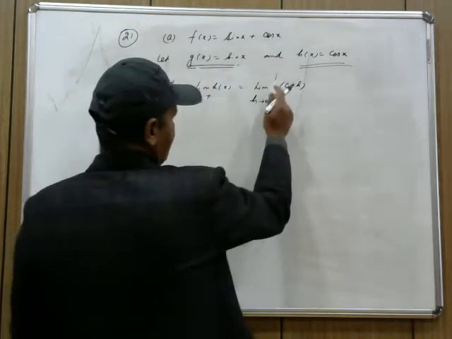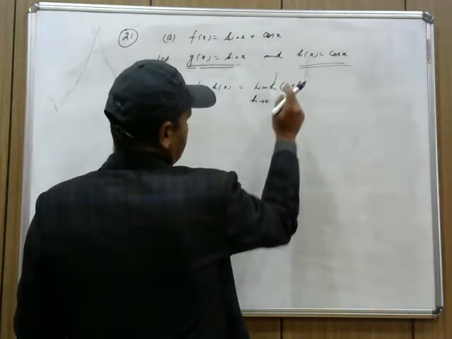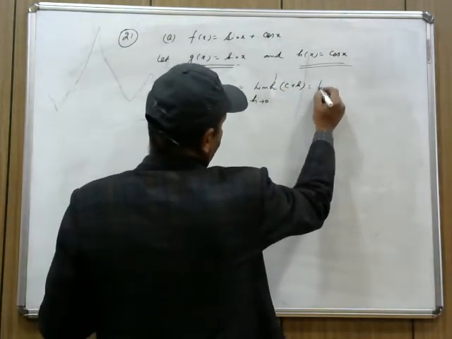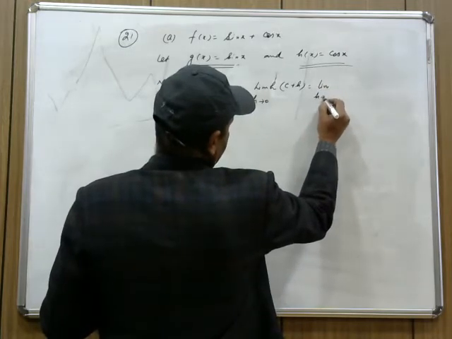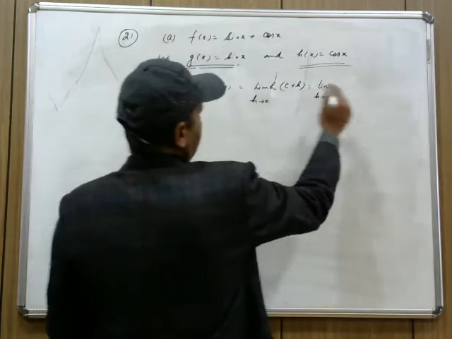Right? This h is the function, don't get confused by this h. This is equal to what? Limit h tends to 0 of h(c plus h) equal to cos(c plus h).